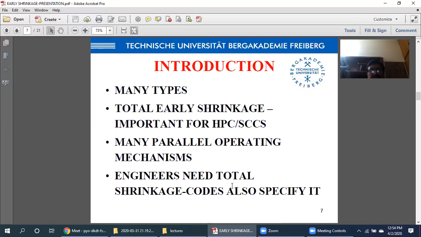Introduction. Total early shrinkage is very important because the designers or civil engineers need the total shrinkage, not the contribution arising out of different mechanisms which may operate in parallel. And the codes of practice also specify the total shrinkage, not the different components of shrinkage.